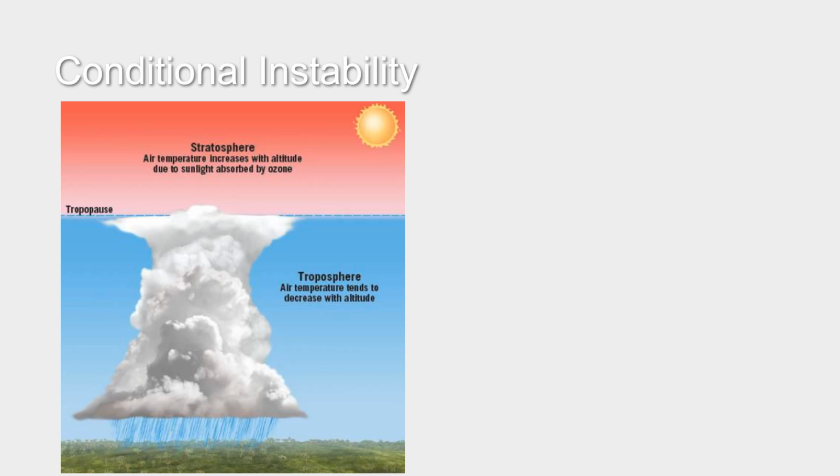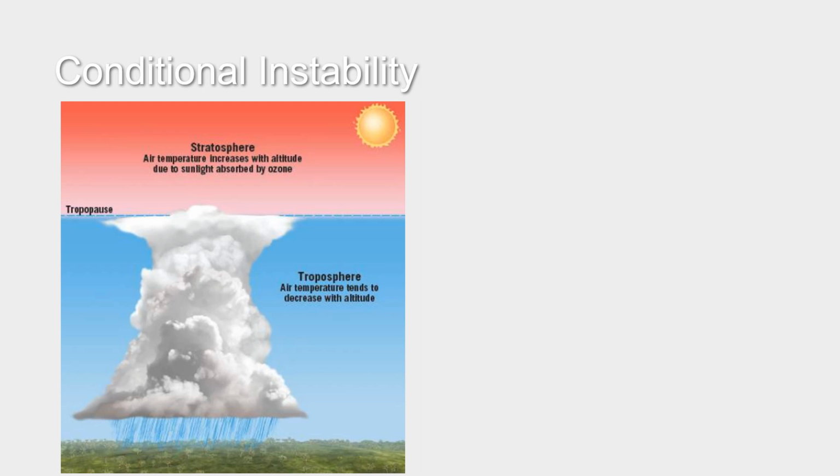But it stops at this level because, you remember, in the stratosphere the air temperature increases with altitude due to sunlight absorbed by the ozone. So this stratosphere forms a warm inversion layer, if you can still remember our previous topic, caused by the solar heating of ozone.